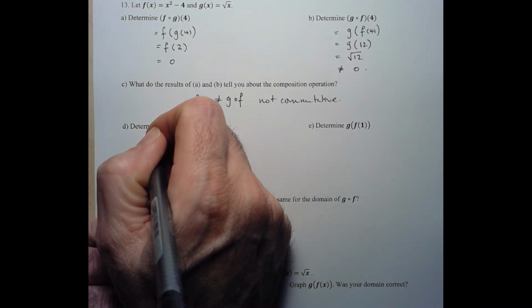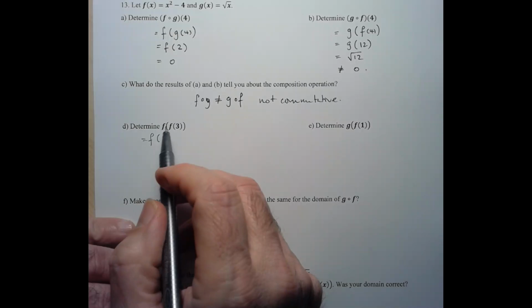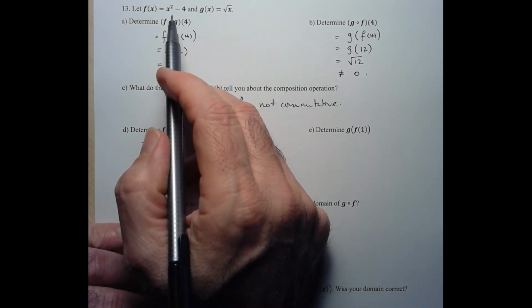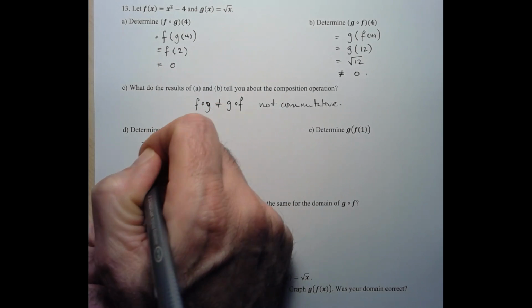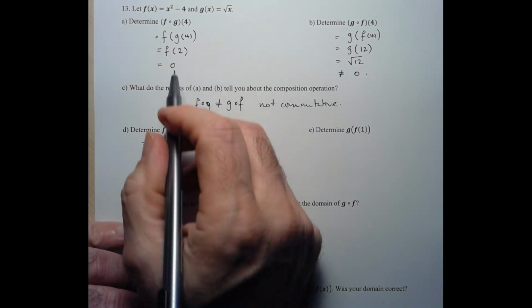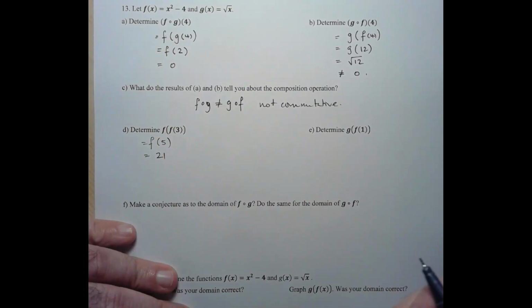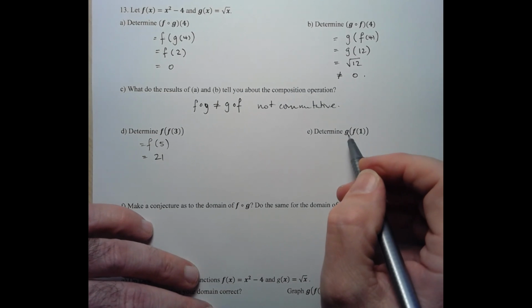So you have f of f at 3. Again, you can take the composition of a function with itself. So what is f at 3? 3 squared is 9 minus 4 is 5. And then put 5 into here. 25 minus 4 is 21. Okay, there you go. You can do it. Let's now do g of f at 1.